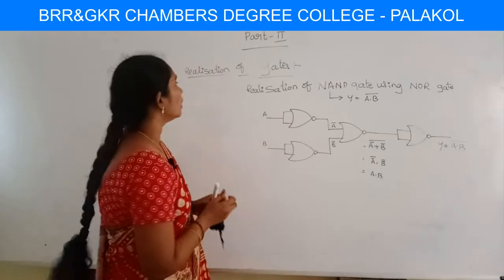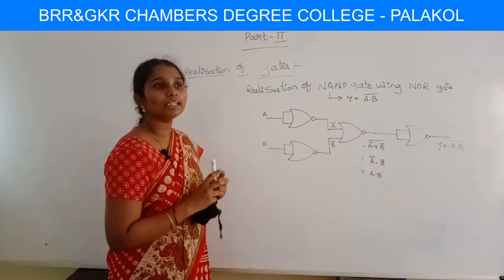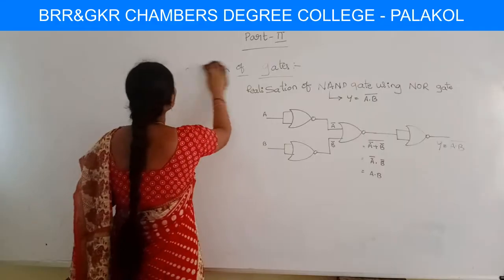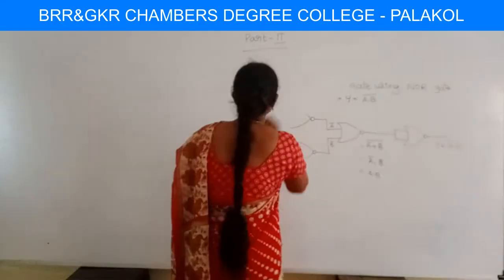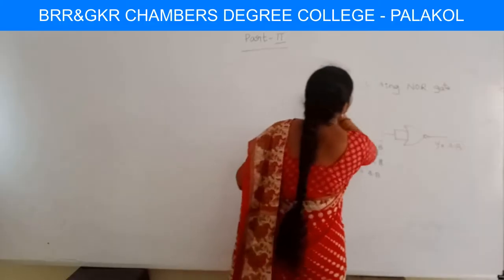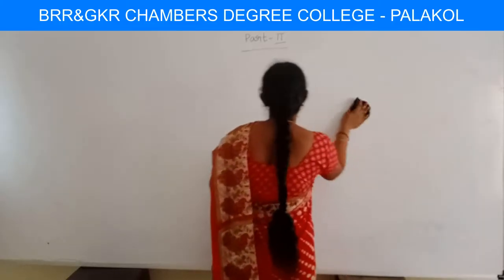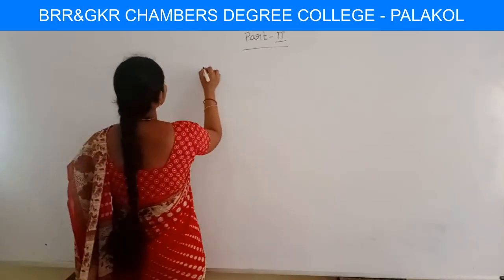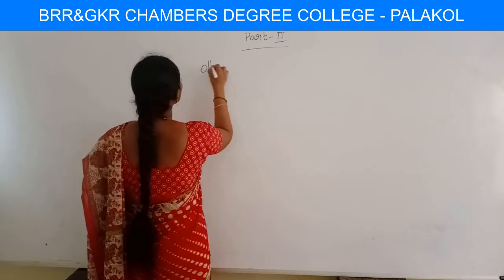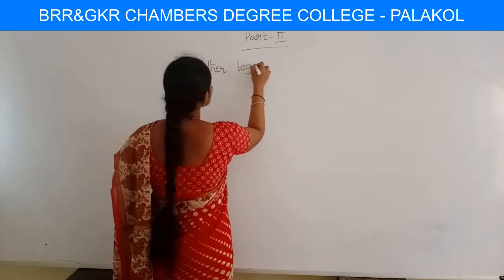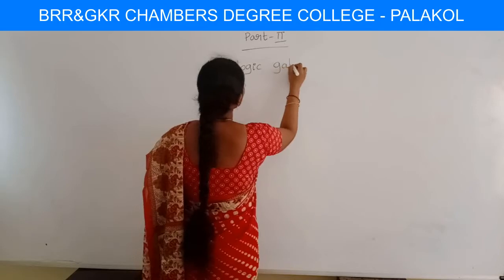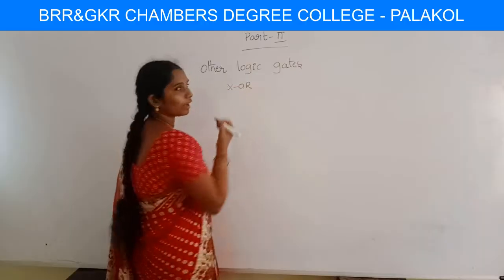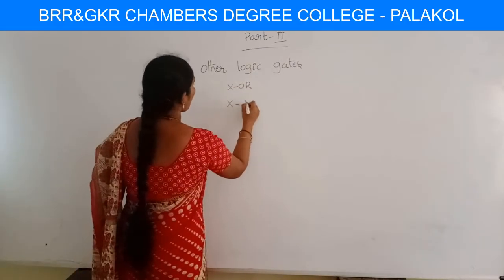Okay, so now in logic gates another two gates are there. So now we discuss these two gates. The other logic gates are the XOR and XNOR.